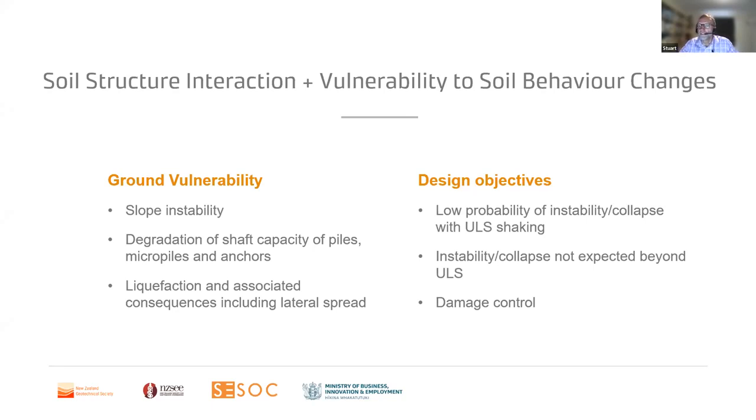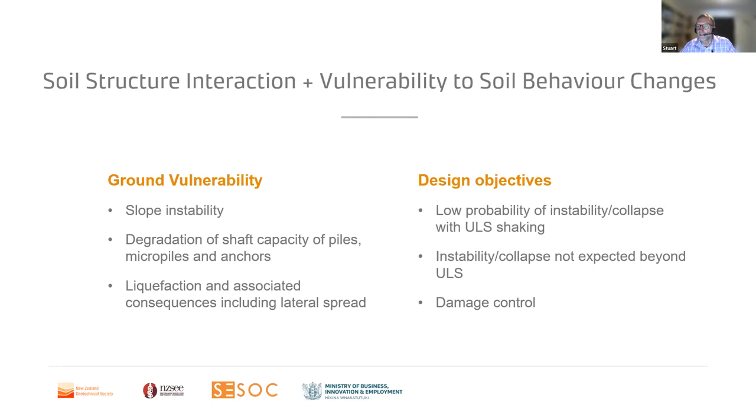Then a further objective is to be thinking that we wouldn't expect collapse beyond ULS. Now, that is certainly covered by Module 4, suggesting that we need to be thinking beyond ULS and providing stability. And likewise, this document is really stressing that. What these documents don't do is actually provide specific guidance.